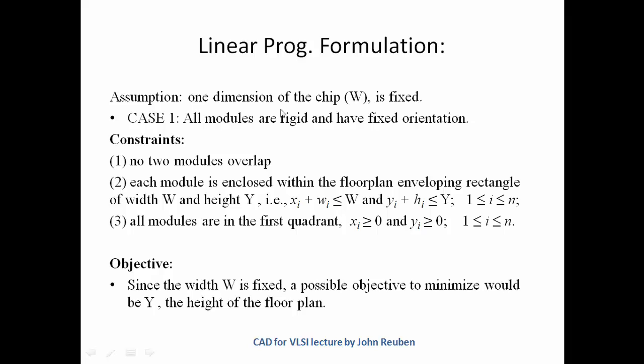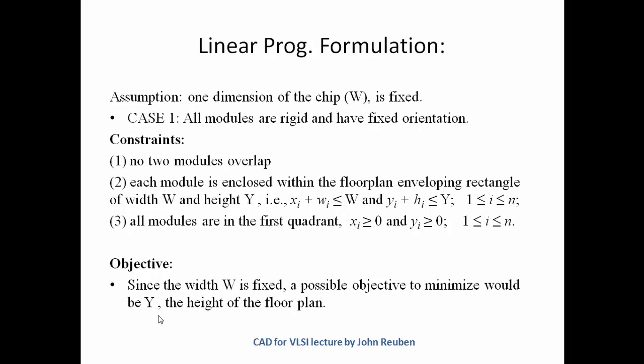So we assume that the width is fixed and we try to optimize the height. We want to find that minimum height, and in minimizing the height, I'm actually minimizing the area, right?